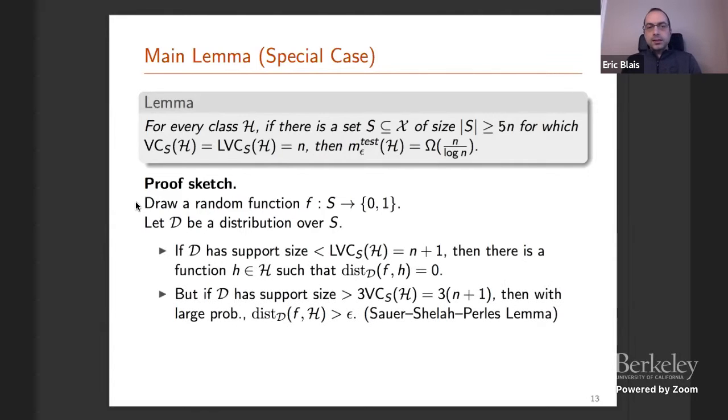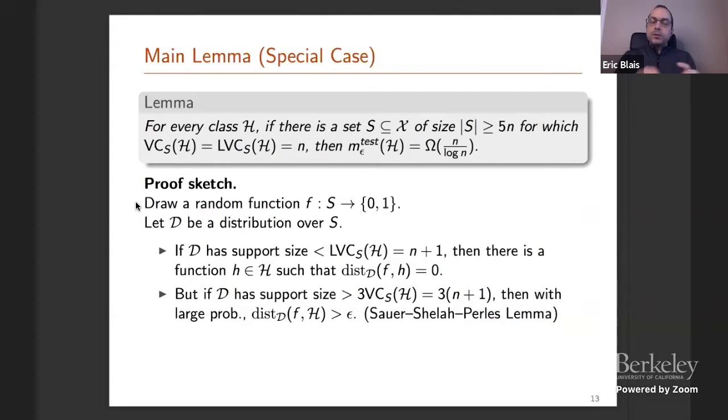If I look at this a little more carefully, I'll see that if D is a distribution that has a support of size much less than the lower VC dimension, then the function has to be consistent with some function in my class. So the function f, even though it was a random function, if you only look at it on a very small subset, completely agrees with some function in the class.